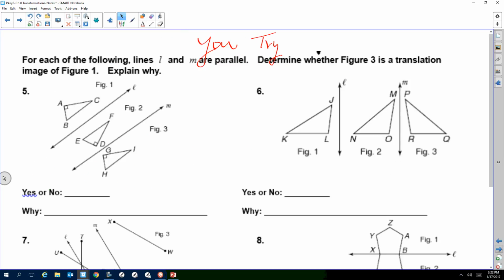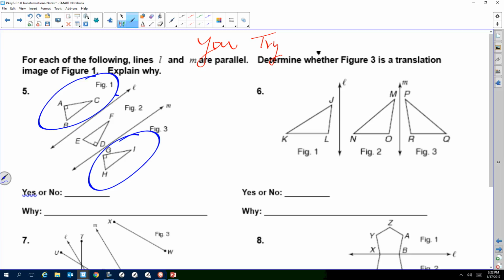Okay, let's check. You try. For each of the following lines, L and M are parallel. Determine if figure 3 is a translation image of figure 1. So compare 3 and 1 together. Here is 1. Here is 3.